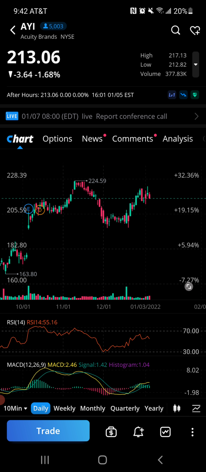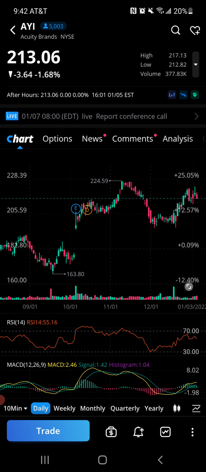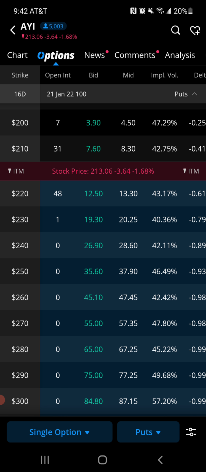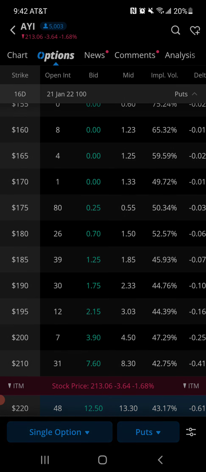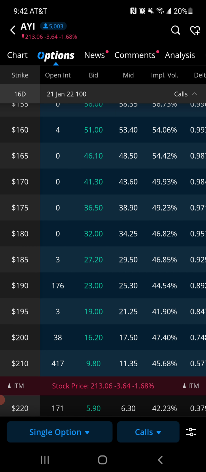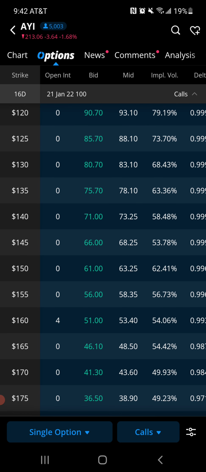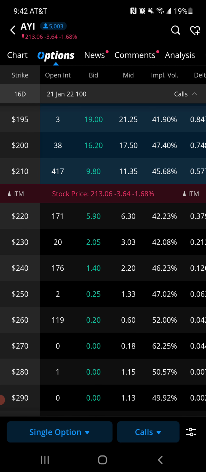So again, once you see a gap like this, if you don't want to try to catch it, wait until the earnings, see where it gaps again, and then after this earnings, go into the options chain and look at the open interest to see if it matches what you're seeing on the gap. So what you're looking for in here, there's nothing in here. It's very easy to tell when there's nothing.